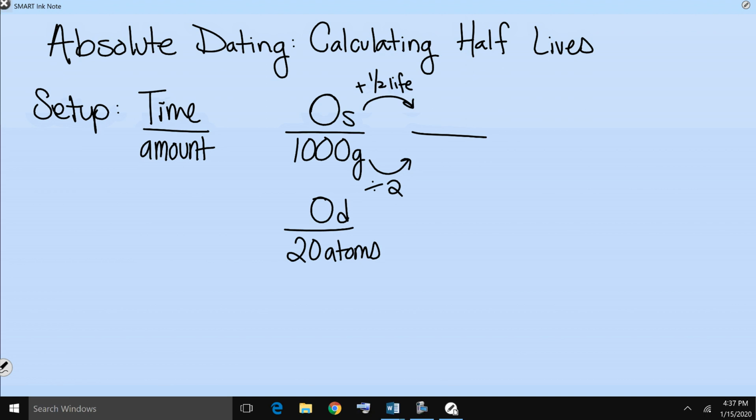So here, if our half-life, say, is 10 seconds, we're going to add our half-life and divide this bottom one by 2. Okay? Then we're going to add the half-life again.